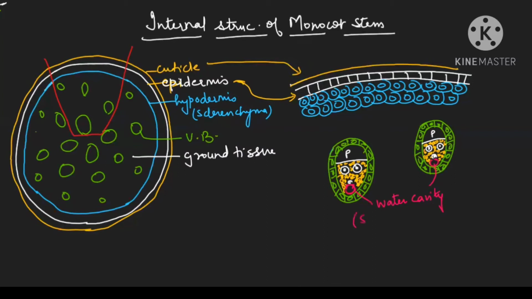So this cavity is schizo-lysogenous in origin. Is it clear? Schizo means splitting of the cell and lysis means death of a few cells. So this cavity is schizo-lysogenous in origin.